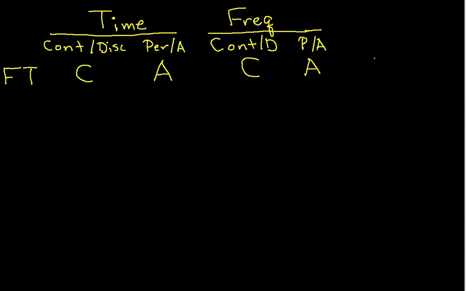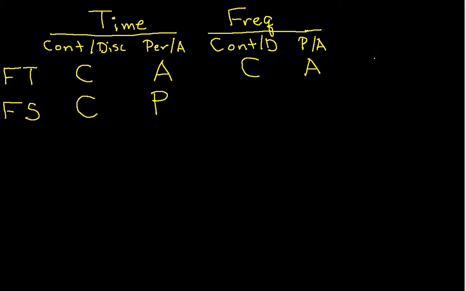So if we go back to our table, the next thing that we'll look at is a Fourier series. And the Fourier series is obtained when you have a signal that's continuous in time, but it's periodic.